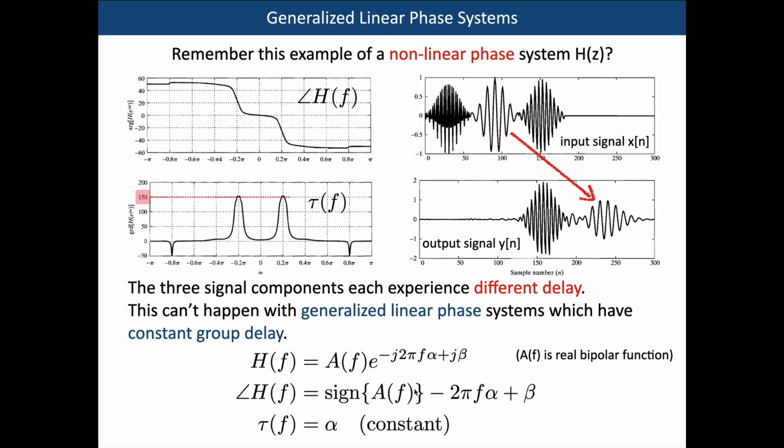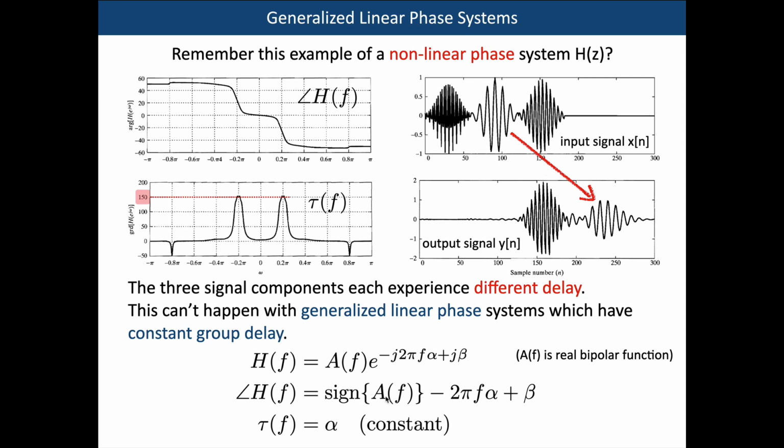Here's the phase written out. So again, because A can be positive or negative, the phase is going to be pi times the sign of A of f. So if A of f is positive, the sign term would be 0. If A of f is negative, we would put a -1 here, so this component can contribute either a 0 or a pi to the phase response.